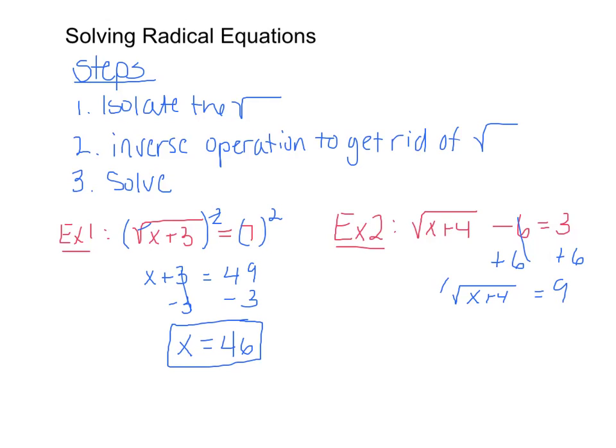Okay, it's a square root, so we want to do the inverse operation, which is square both sides. That's going to give us x plus 4 on the left, and then 9 squared, which is 81. Then we subtract 4 from both sides to get our x by itself, so x is equal to 77.